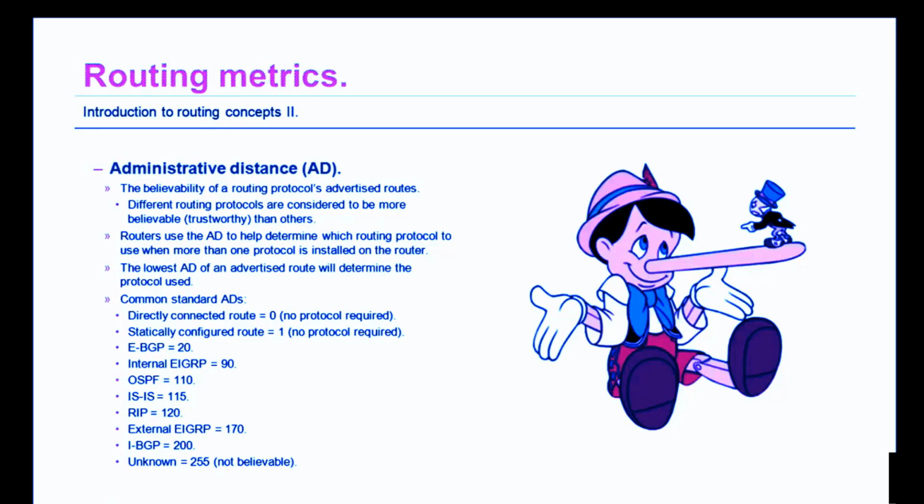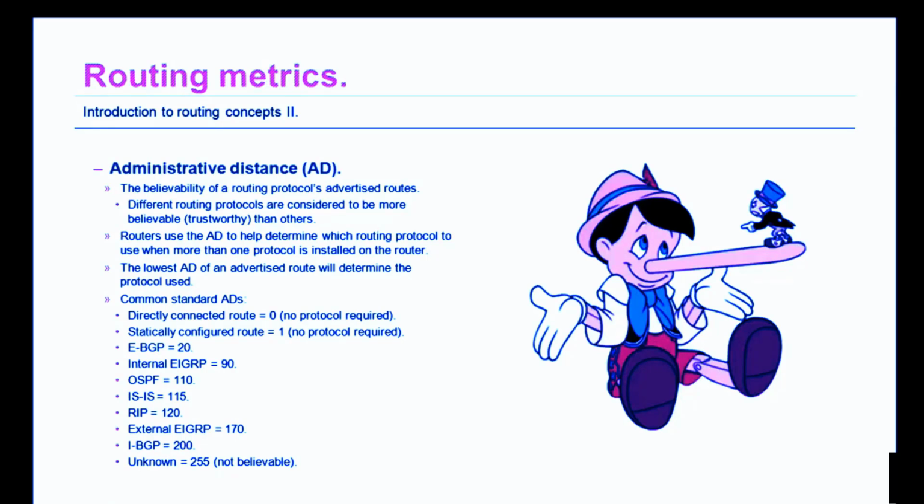It's not as trustworthy as BGP, but it is more trustworthy than OSPF, Open Shortest Path First, which has an AD of 110. ISIS has an AD of 115, so not quite as believable as OSPF, but more believable than RIP, which has an AD of 120.